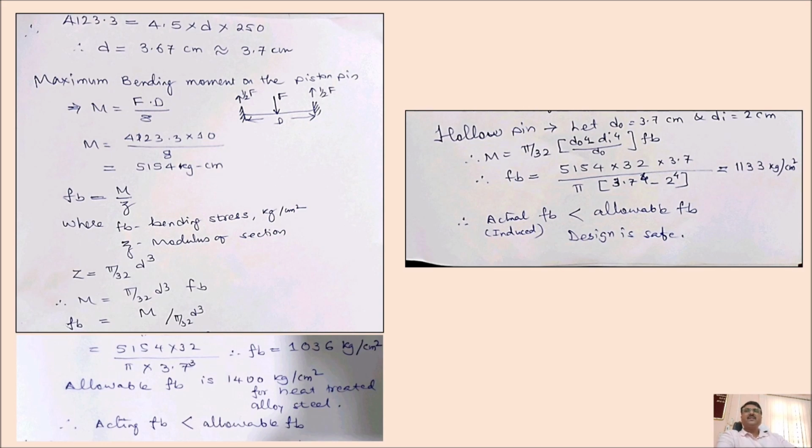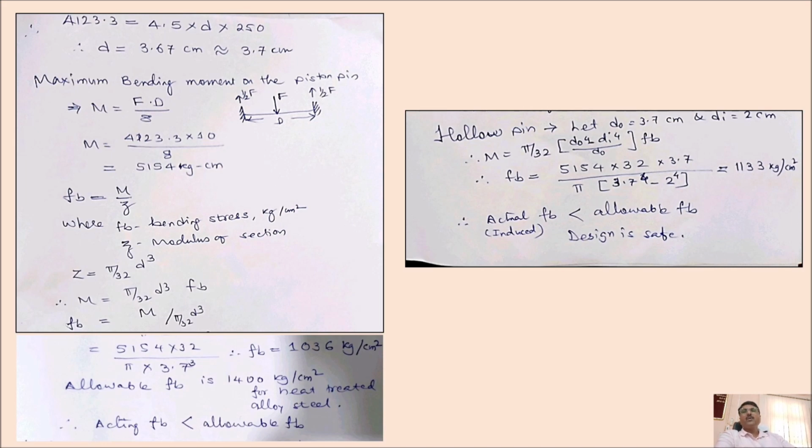Then bending stress Fb equal to M by Z. M is bending moment, Z is modulus of section. For circular section, modulus of section Z equal to pi by 32 into d cube. So M will be equal to Fb into Z. Z is pi by 32 d cube. So M is pi by 32 d cube into Fb.